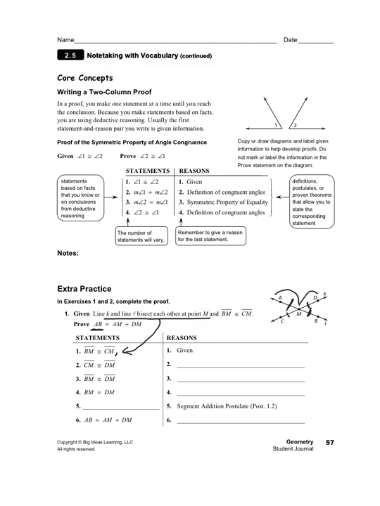Then they went on to say that line segment CM is congruent to line segment DM. We can state that based off of the definition of a segment bisector.